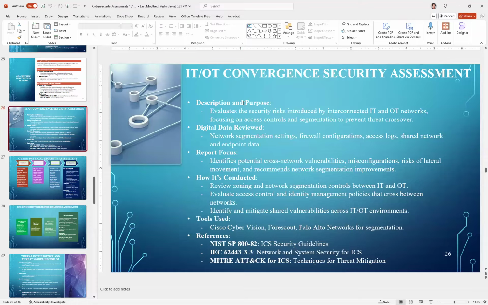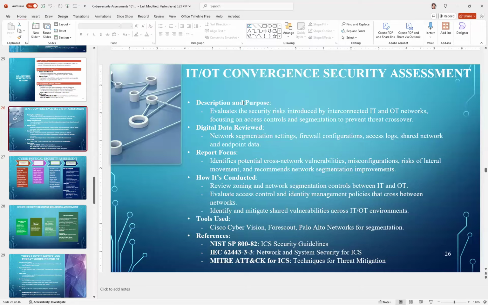Network segmentation settings are checked. Firewall configurations are checked for possible port breaches. Access logs are looked at. Shared network and endpoint data are also reviewed. And this identifies potential cross-network vulnerabilities, and that's what's provided.